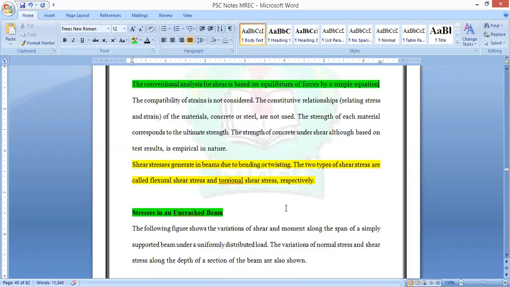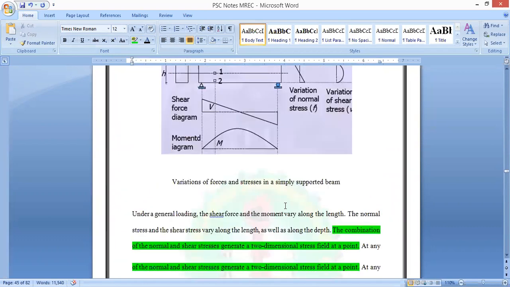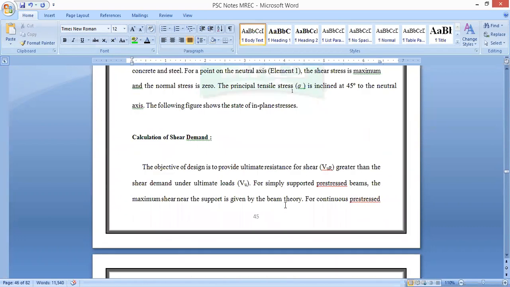And the next one, what are the stresses in an uncracked beam? And how are you going to calculate the shear demand? On what basis is shear demand calculated, and how are the stirrups going to be provided in the beam? So these are the concepts which we discussed today, right? Only 7 minutes left.